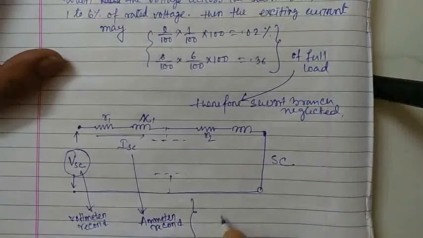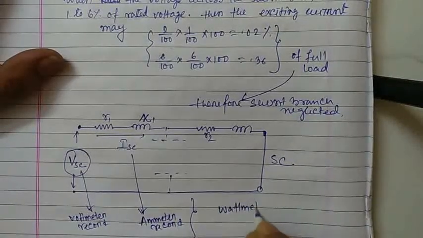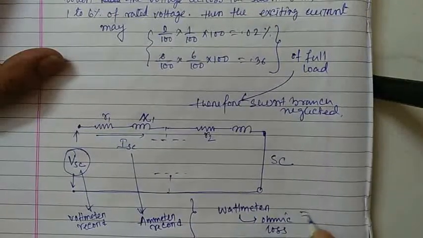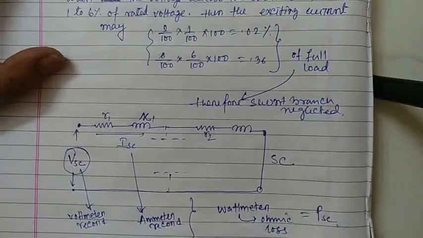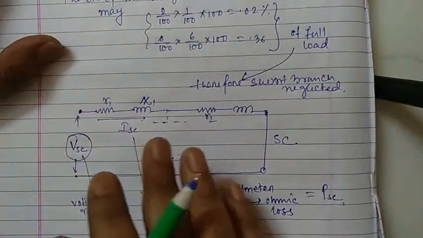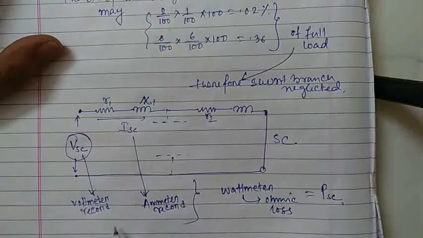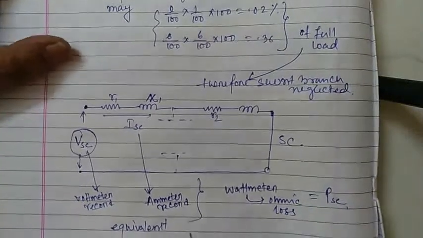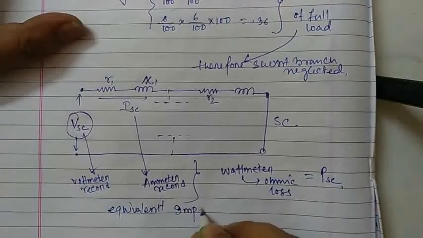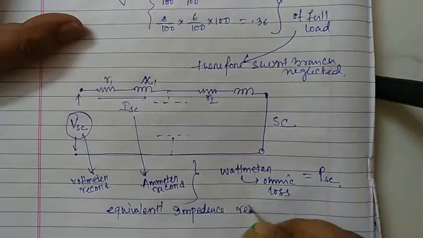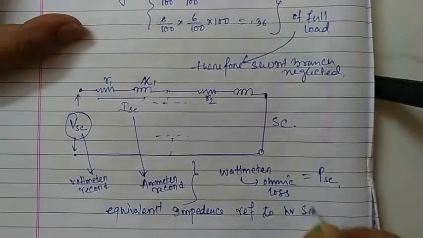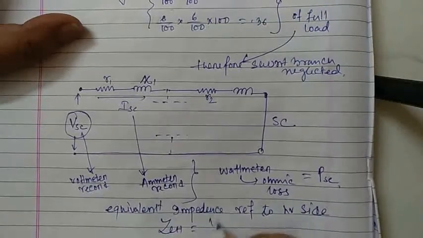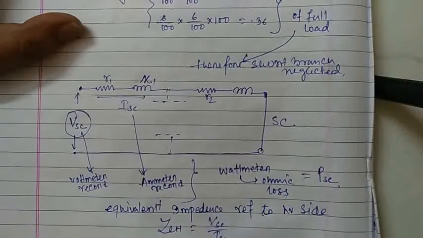Suppose the wattmeter record, that is the ohmic loss, is PSC. Now the equivalent impedance referred to HV side is written as ZEH, which is nothing but VSC by ISC.